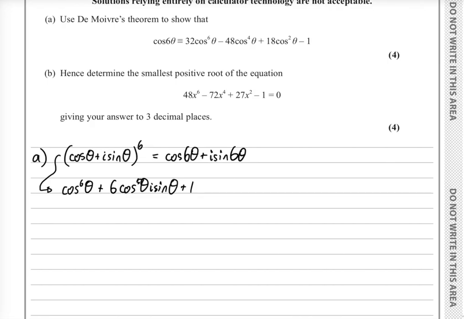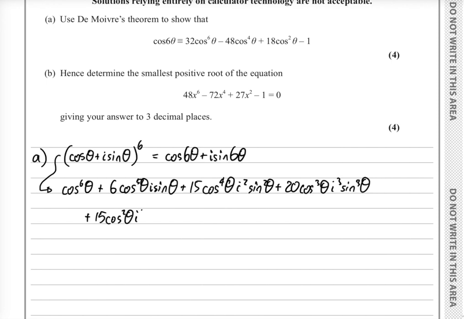If I remember correctly, the next one is 15 cos 4 i squared sine squared theta, and then 20. Your calculator can produce the Pascal triangles if you don't remember them, with the n choose r button.